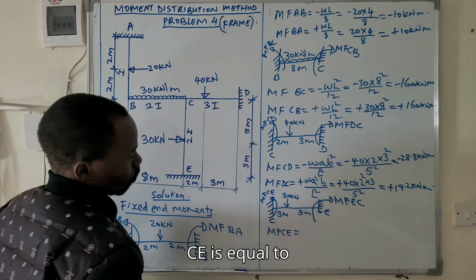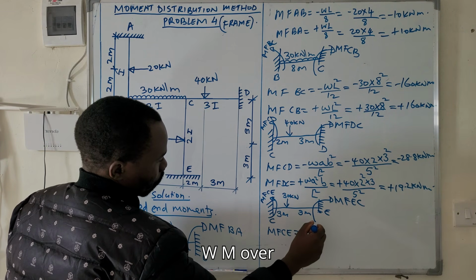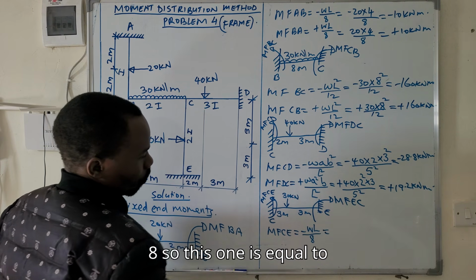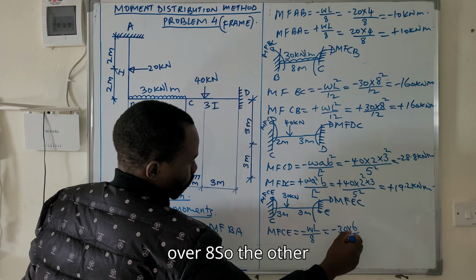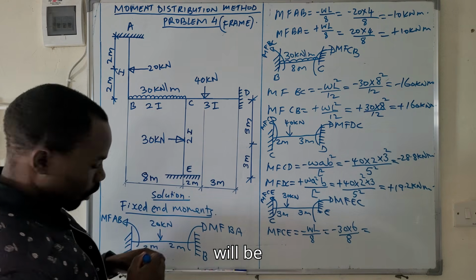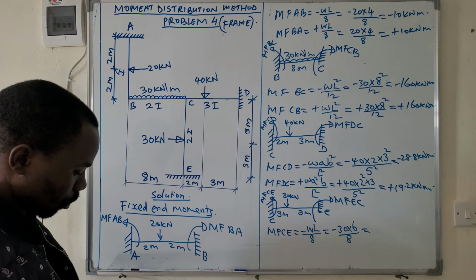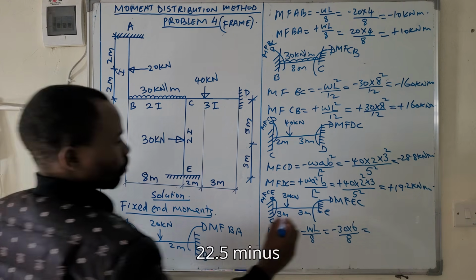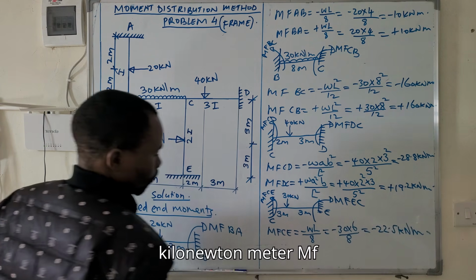So MFCE is equal to minus WL over 8. So this one is equal to minus 30 times 6 over 8. So the answer will be minus 22.5 kilonewton meter.